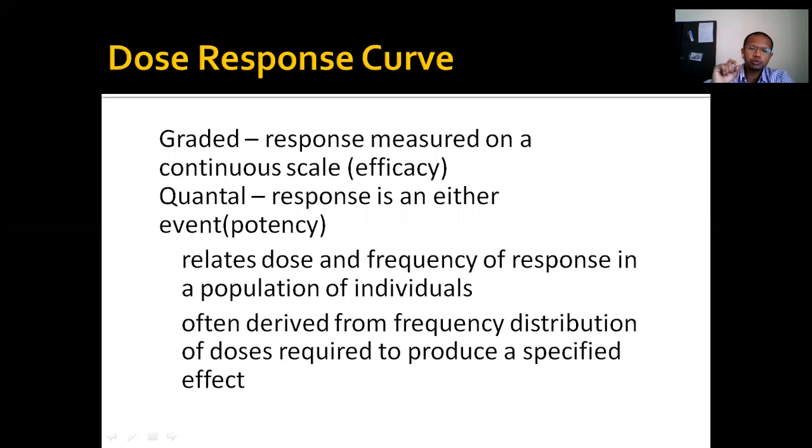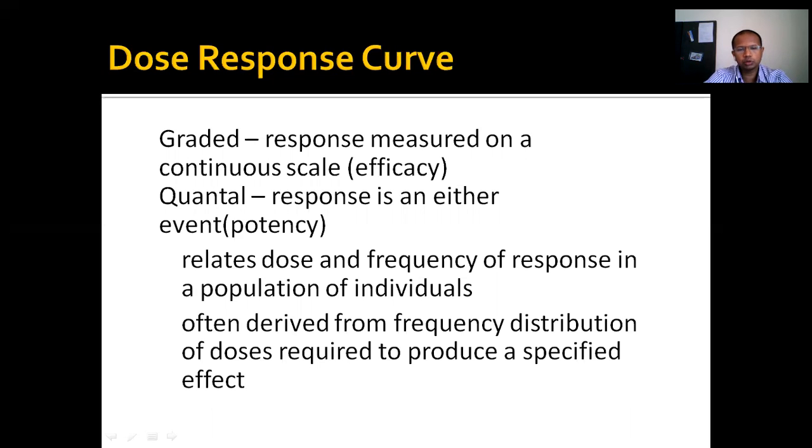Even if we use 5 milligram or 10 milligram, if the drug is able to decrease the fever, then we say the drug is potent and it satisfies the criteria of the quantal dose response curve. In case of the graded dose response curve, that is not the criteria. There the drug dosage is slowly increased and we are trying the response.